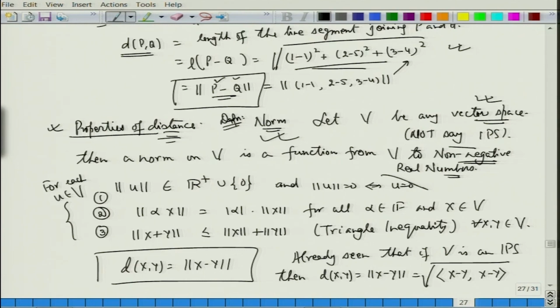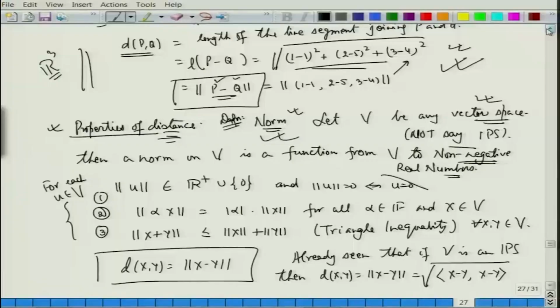We have already seen this in R2, and I looked at R3 too. In general there are other norms also, and we will look at them at the end of the lecture on inner product spaces.